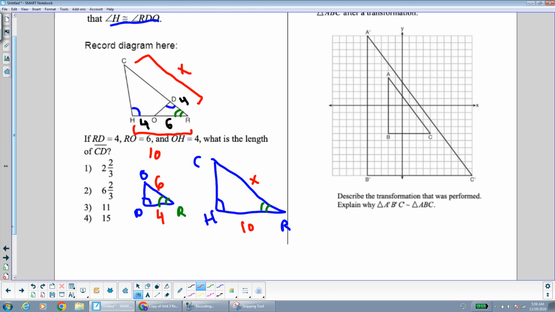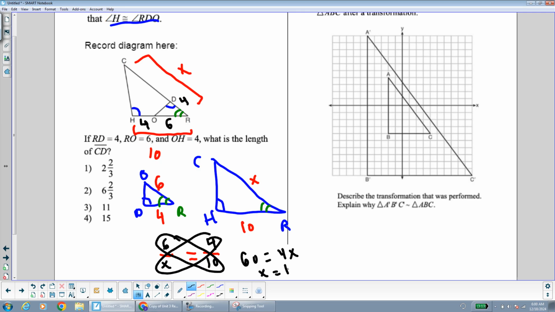Once you have the triangles redrawn, it's much easier to see what you need to use in your proportion. So I'll just do 6 over x, those correspond, and 4 over 10. I have 60 is equal to 4x. So x is equal to 15.